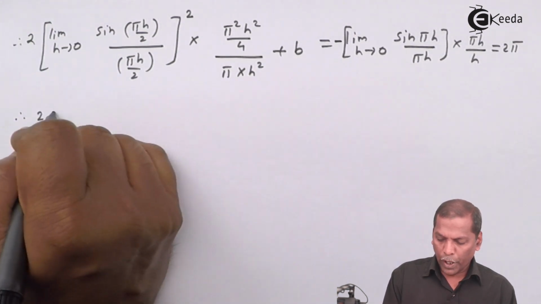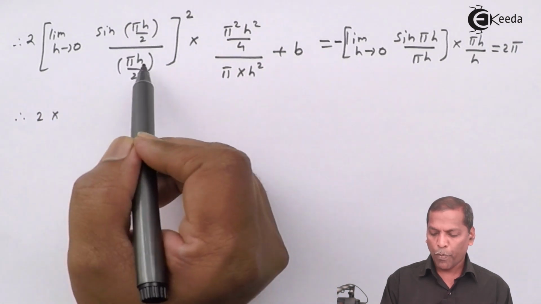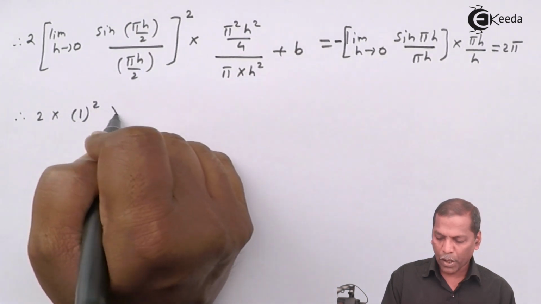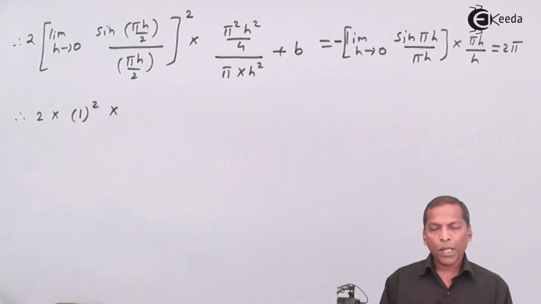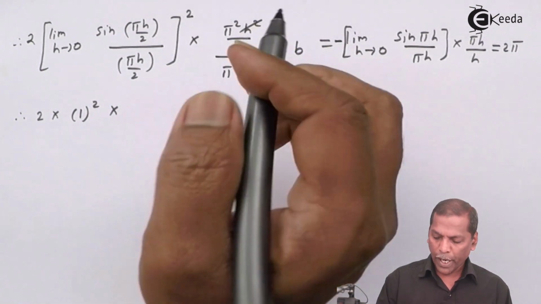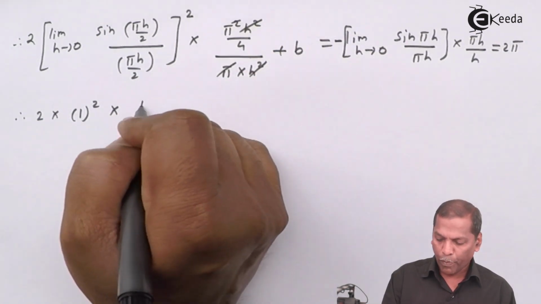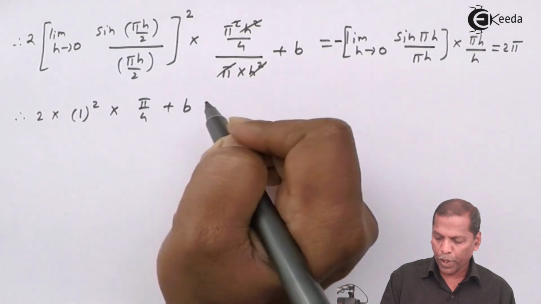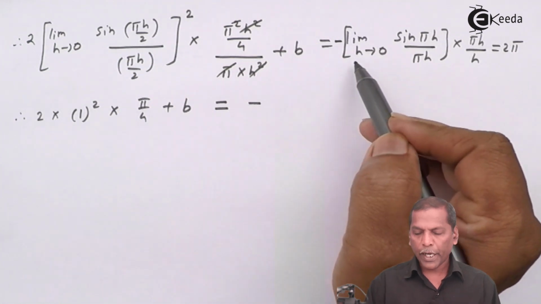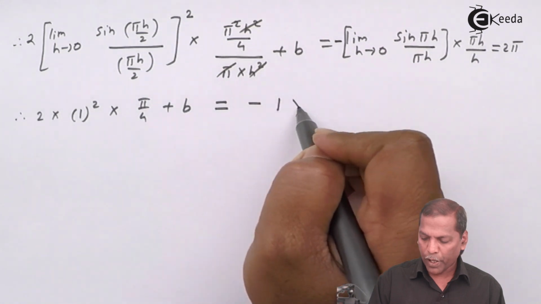So therefore 2 into, now limit h tends to 0 sine of pi h upon 2 upon pi h upon 2, so that gives 1, then bracket square as it is, into. Now here we cancel h square from numerator and denominator, and we cancel 1 pi from numerator and denominator. So we are left with pi by 4 plus b, that equals minus. Now limit h tends to 0 sine of pi h upon pi h, so that gives 1, into.